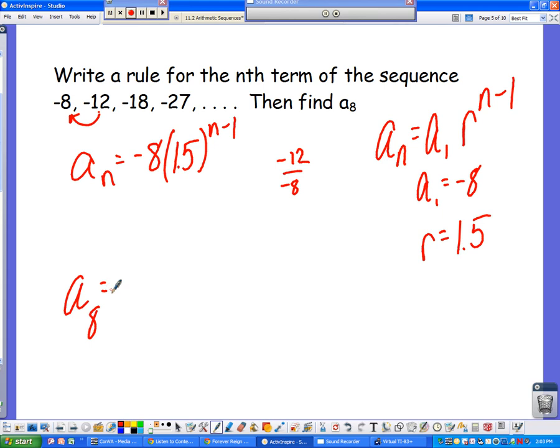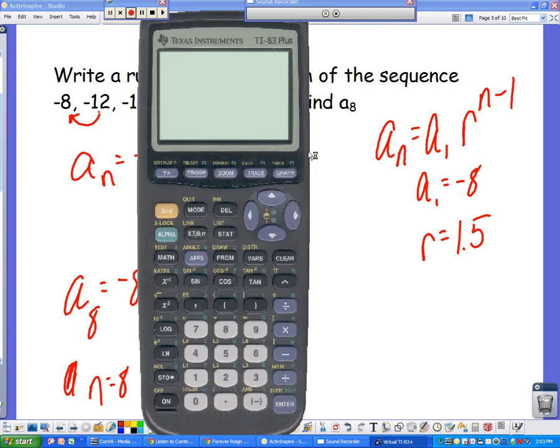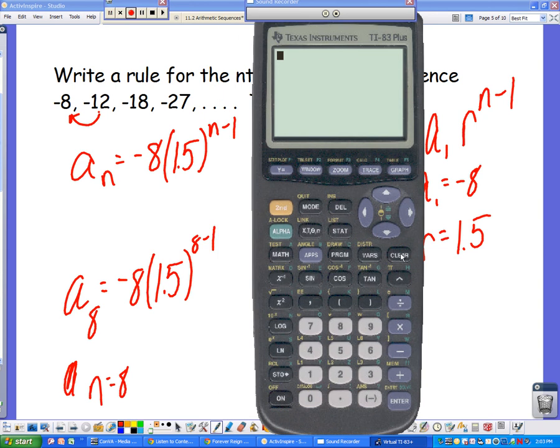So the second part of this is I wanted to find a sub 8. Okay, so now the only thing that changes on this one is I want to use this rule, but my n is 8. Okay, so I get negative 8 times 1.5 to the 8 minus 1. And I can use a scientific calculator to find this. I could do negative 8 times 1.5 to the 8 minus 1, which is 7.